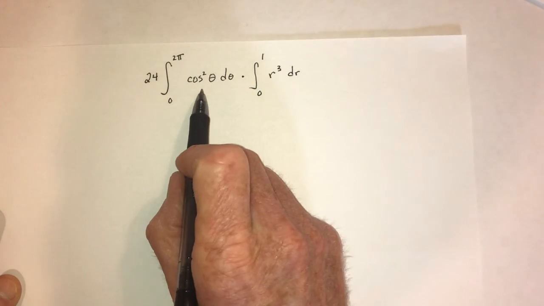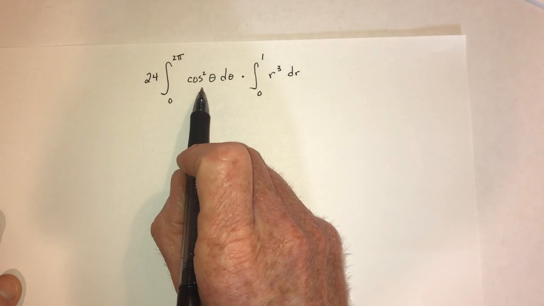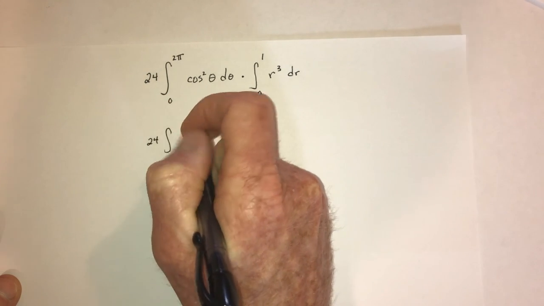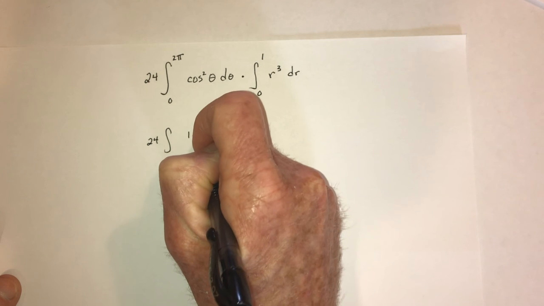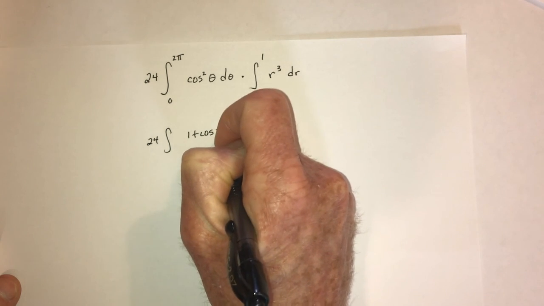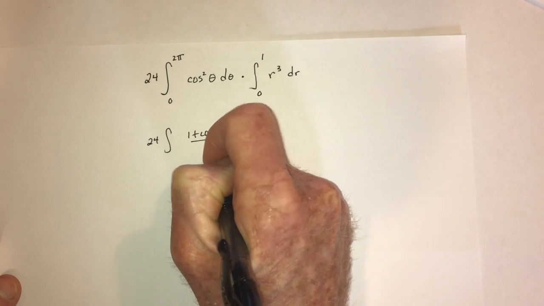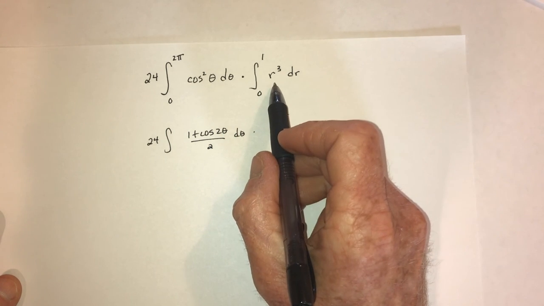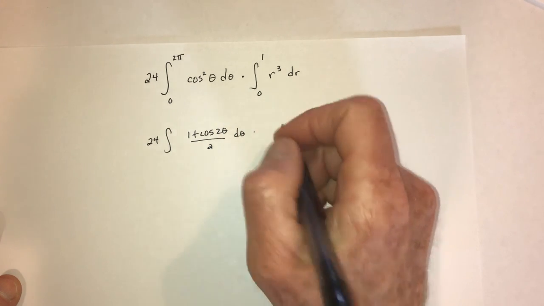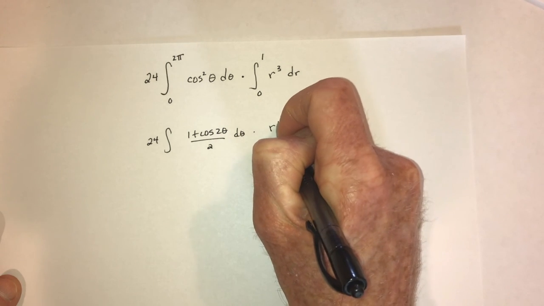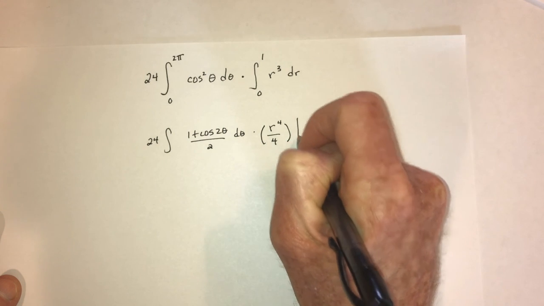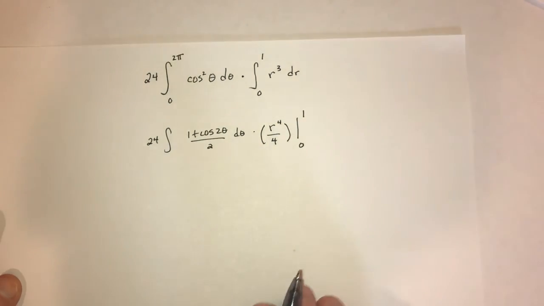So in order to integrate cosine squared, we need to use the trig identity. Cosine squared is 1 plus cosine of 2 theta over 2. And then for this one, we could go ahead and integrate it. That's going to be r to the 4th over 4. And that gets evaluated from 0 to 1.